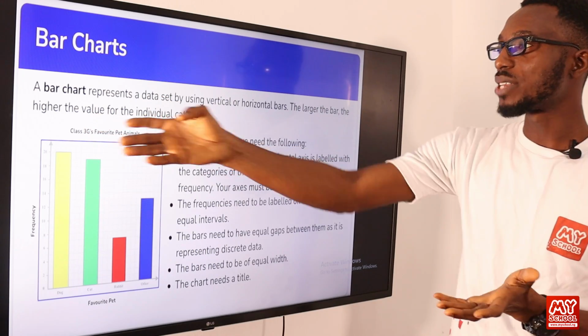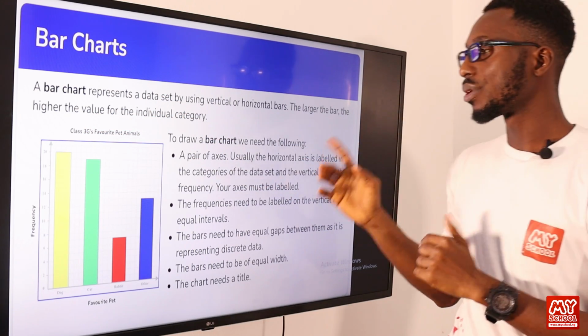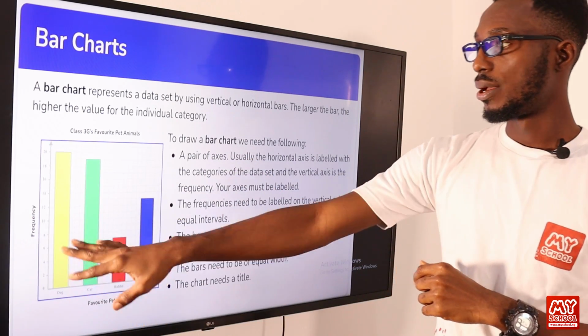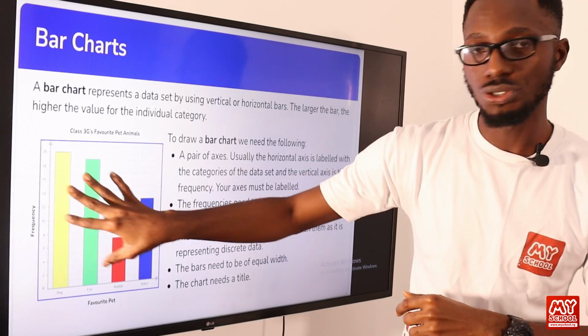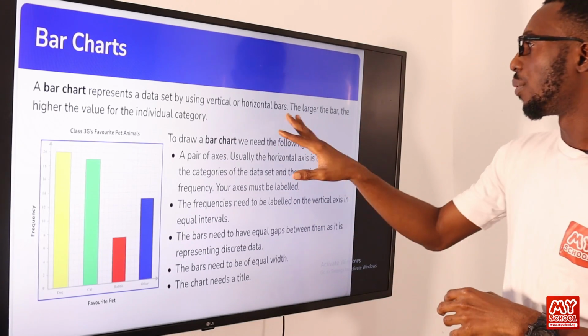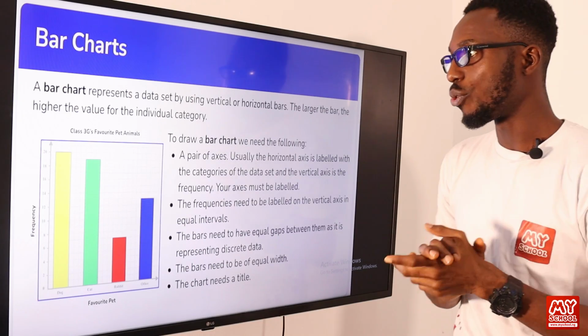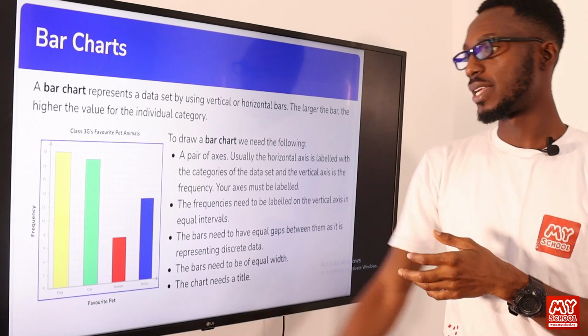A bar chart represents a data set by using vertical and horizontal bars. This one has vertical bars. Sometimes the bars can just be attached to the side, and we are going to dig into that as we move further in the video. The larger the bar, the higher the value for the individual category. You can see this is class 3G's favorite pet animals.